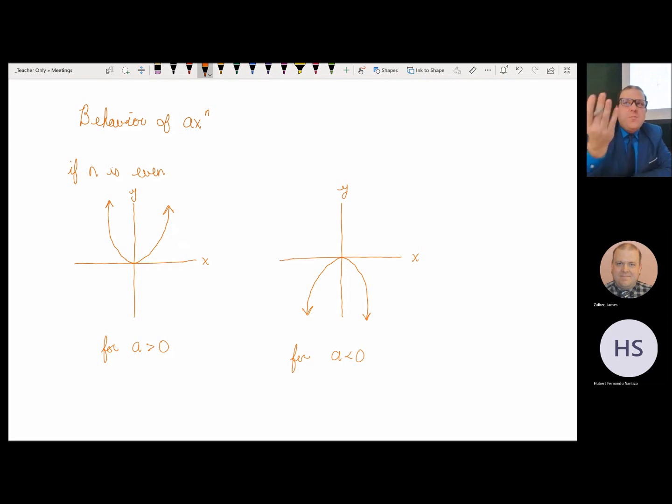If a is less than 0, it just opens downwards, but nothing else changes.